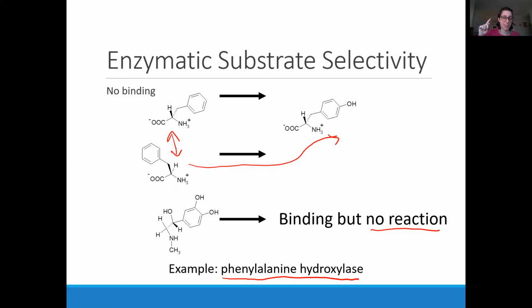So molecules that have the exact same chemical formula, they have all of the things bound to the same place, but in a different arrangement. So again, these have all the same structure except that they are mirror images, and binding pockets in an enzyme can even distinguish to that point of selectivity.